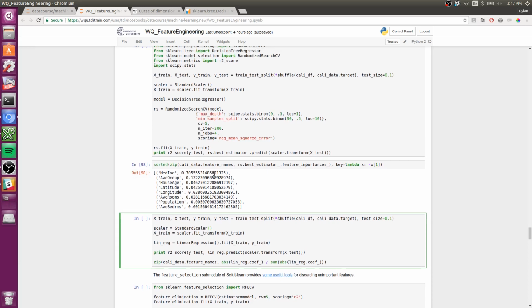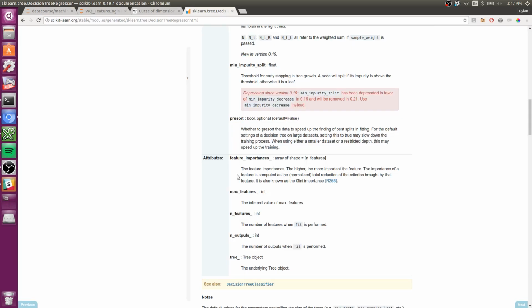Another way to examine feature importances for linear models is based on their coefficients. So a decision tree is a nonlinear model, but it happens to have this feature importances attribute. And these importances are calculated in relation to how decision trees choose how to split up the data based on the various measurements.